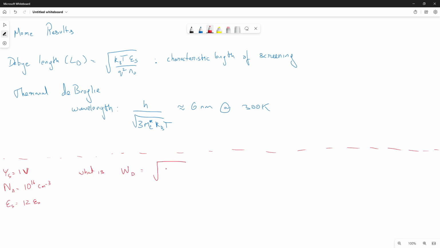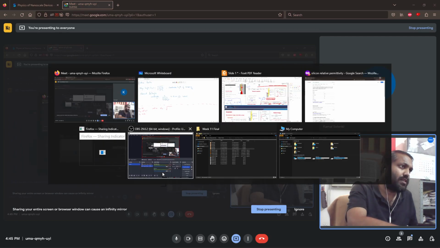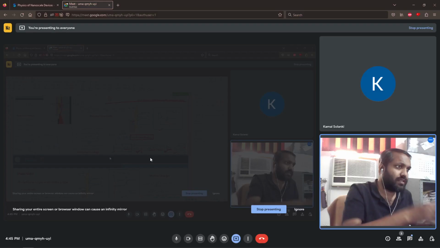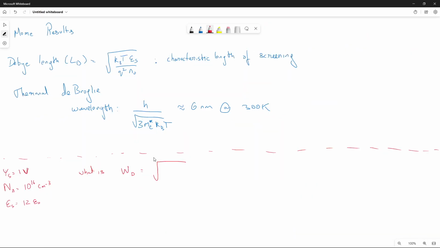WD is the square root of 2 epsilon s psi s divided by q times Na. So let me quickly substitute the values.